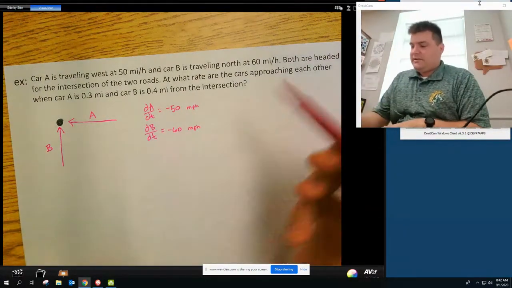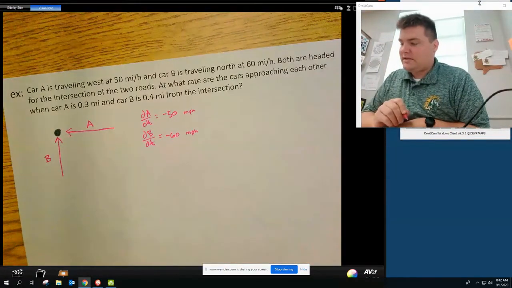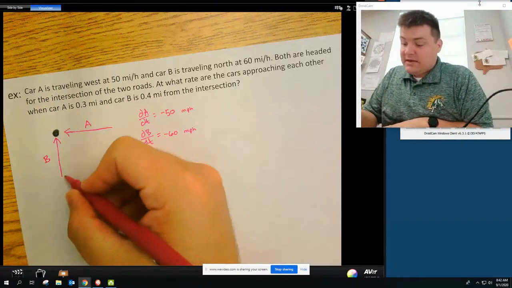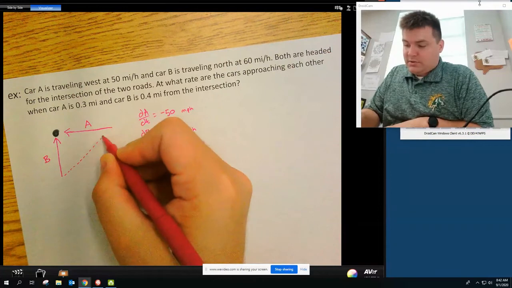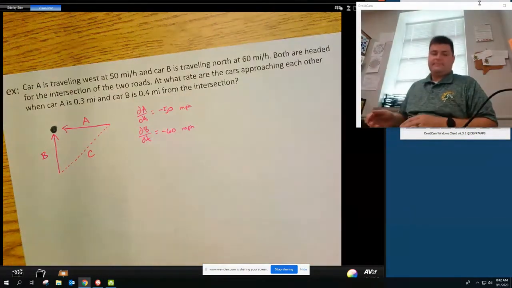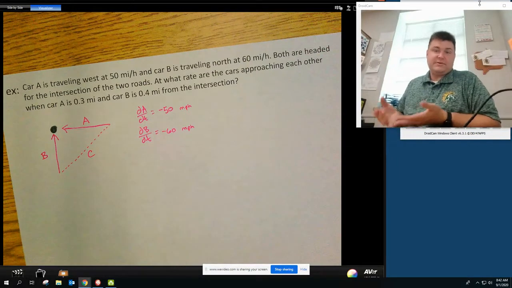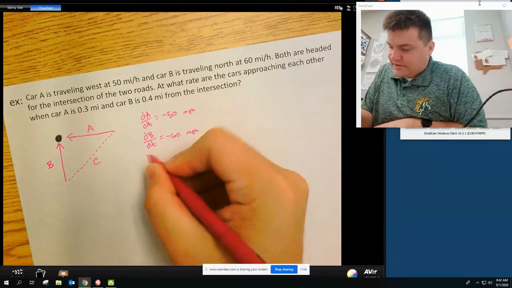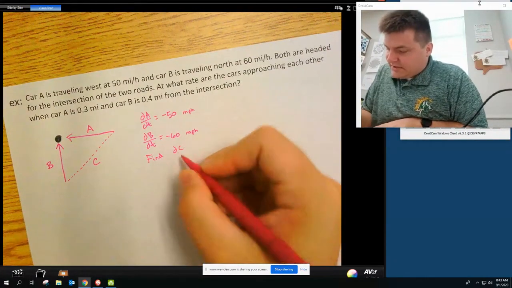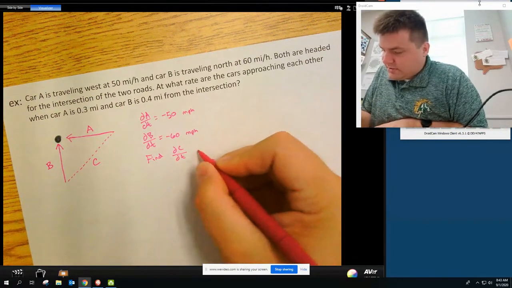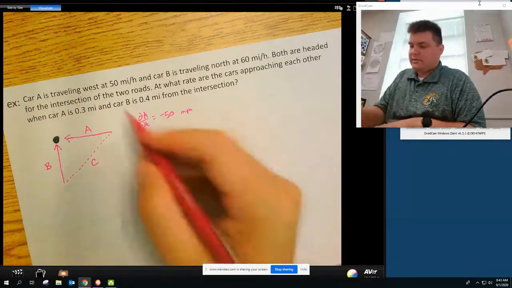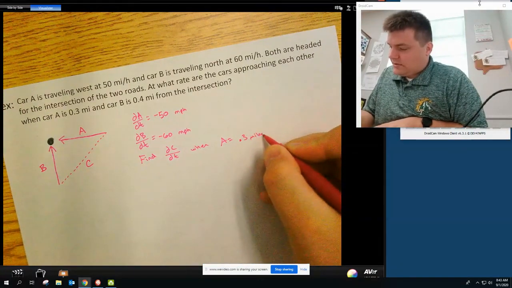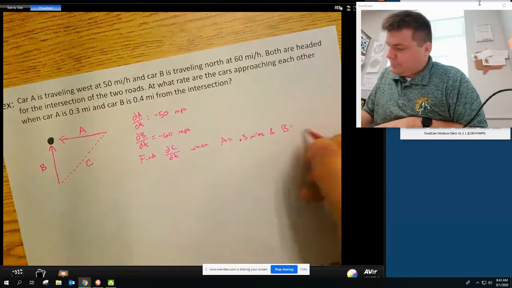And what are we trying to find? Well, we're trying to find the rate that the 2 cars are approaching. Now, this is where these right triangle problems are almost all the same. If you're not given a hypotenuse, we're going to draw a hypotenuse, and let's just call that C because that's just what we're used to with triangles with A, B, and C. So we need to find dC dt when A is 0.3 miles away and B is 0.4 miles away.